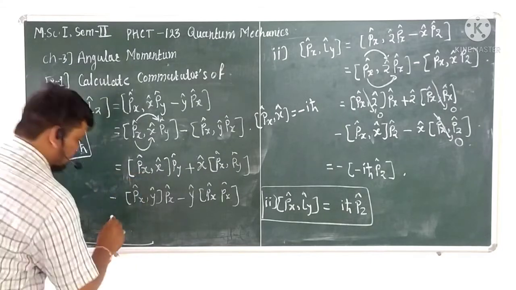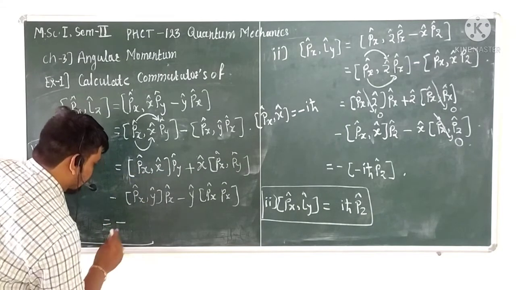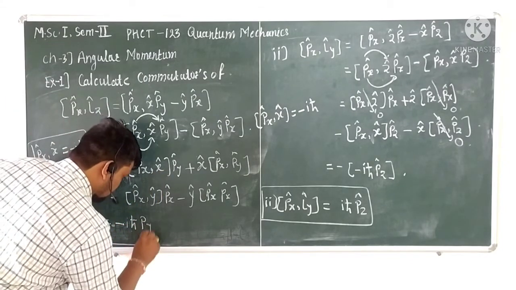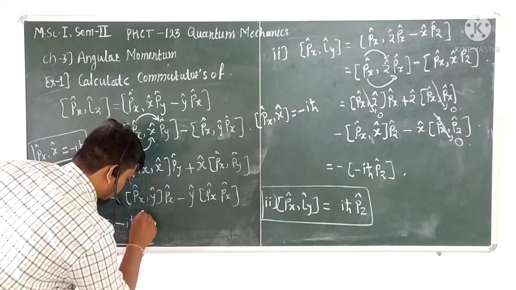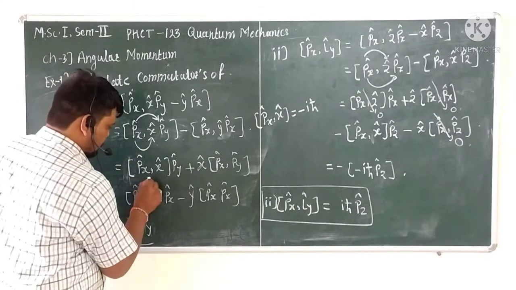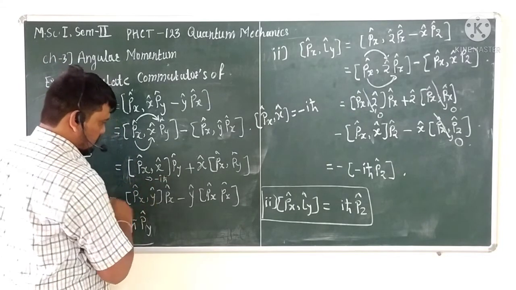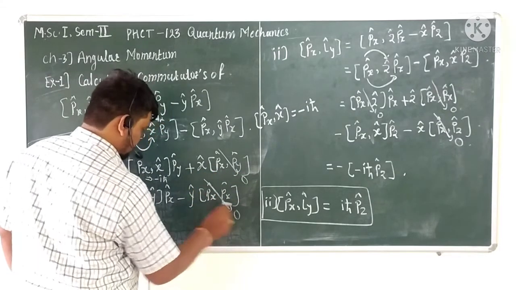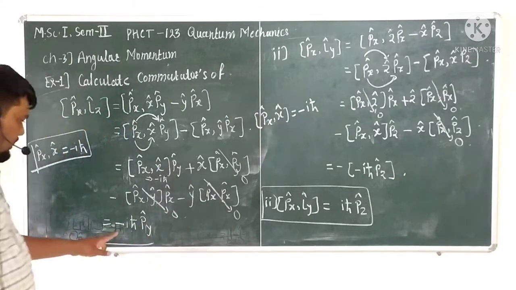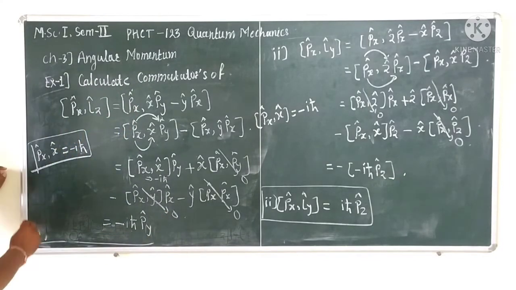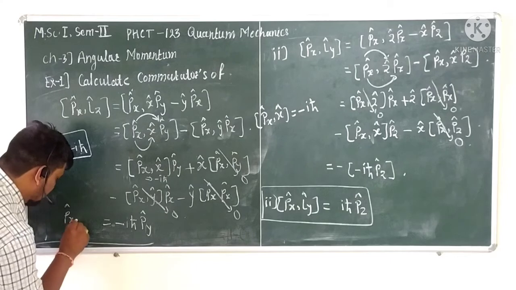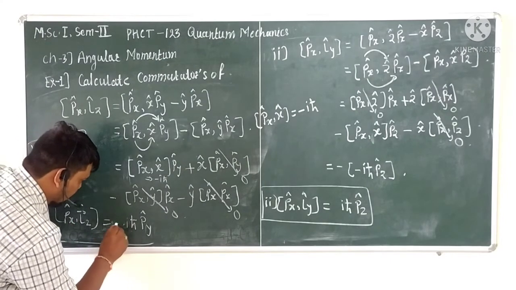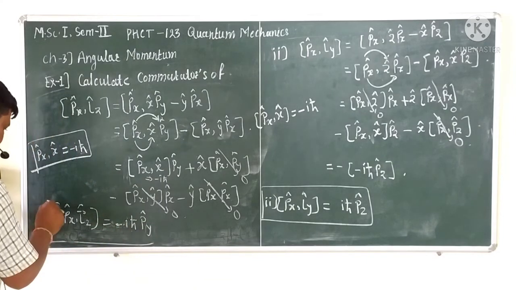So taking this identity, the final result is minus iħ, and py is outside. Because [px, py] is also 0, [px, y] is also 0, and [px, px] is also 0, the final result we got here is [px, lz] equal to minus iħ py.